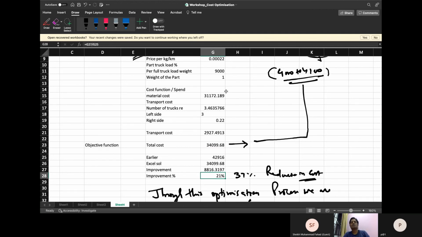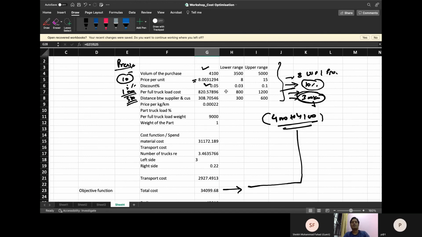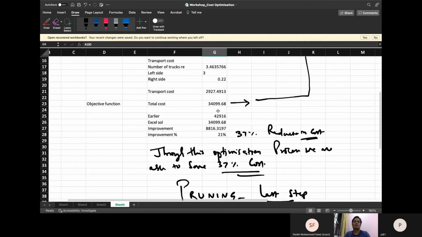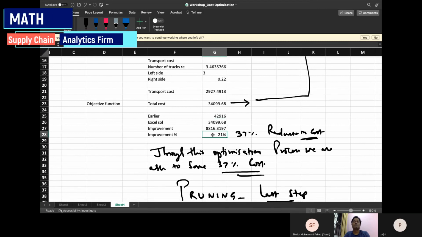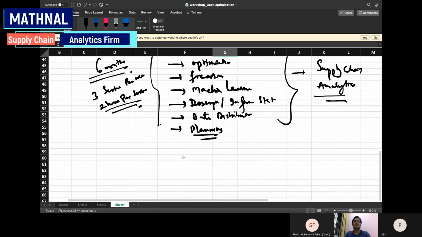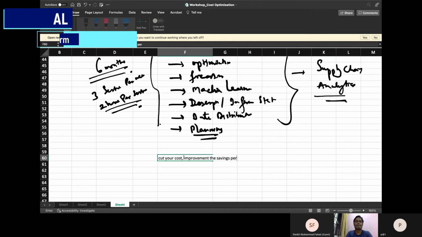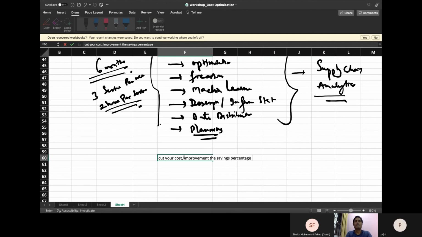So you're trying to simulate by giving different options on the variables, and you're trying to cut your cost or improve your saving percentage by adjusting your variables.